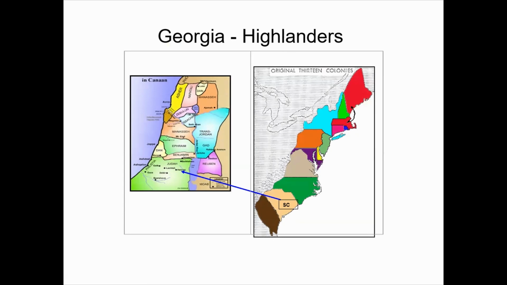Now, I do want to talk about the Highlanders, because the Highlanders were the Scottish people that settled in the very top of the mountain area in Scotland. And they came out around the 4th century. They moved themselves out of the top of Ireland into Scotland. And that's why they called them the Scotch-Irish people. But they were different than the Irish people in the southern part of Ireland. They were a different nationality.